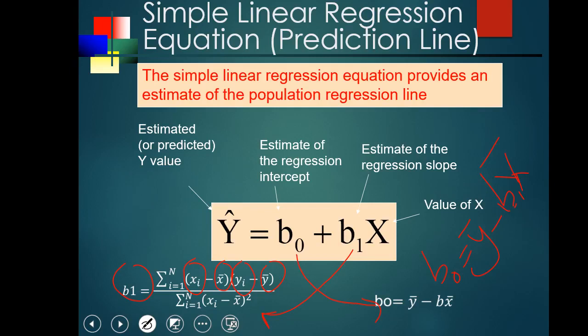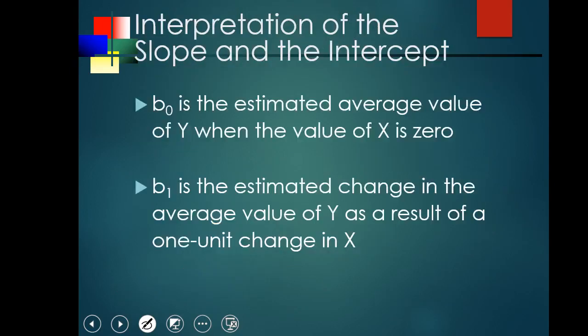Embedding these different values will give us the predicted y. Now, what is beta naught? Beta naught is the estimated average value of y when the value of x is 0.